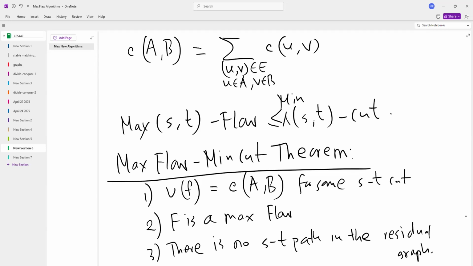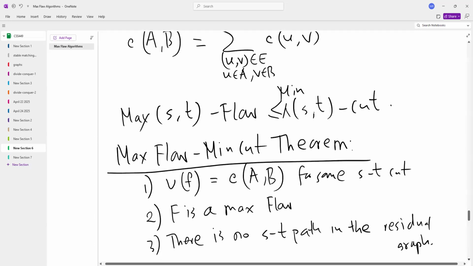But this still does not tell us that it is maximum. We know it's maximum when we say 1 also implies 2, right? Because if this is true, then we know that it is a max flow. So all these together, starting from 3, prove the correctness of Ford-Fulkerson, that at the end it terminates with the max flow. And then we gave a sketch of the proof.